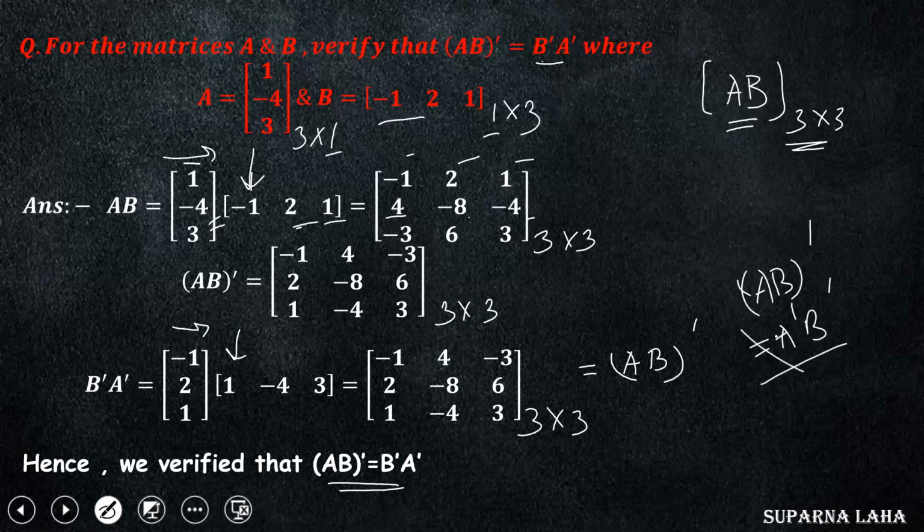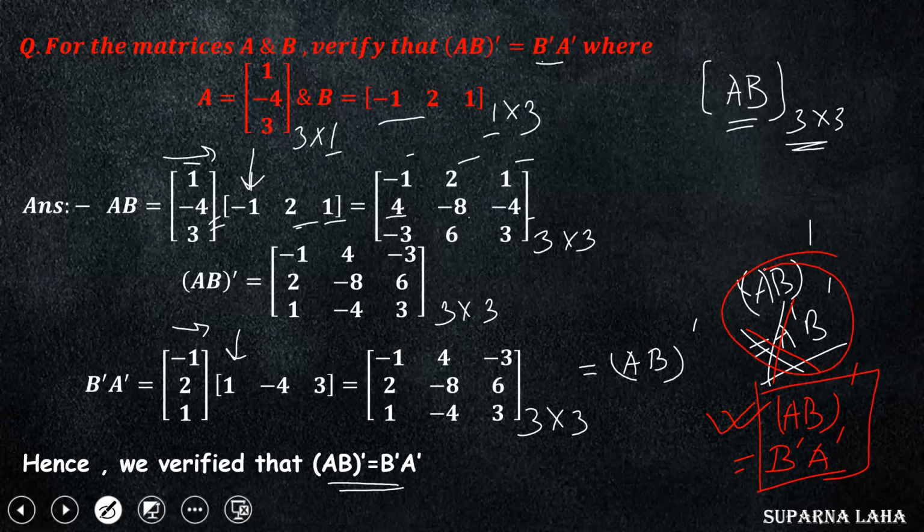I'm repeating again, this is wrong. The right one is AB transpose is given by B transpose into A transpose.